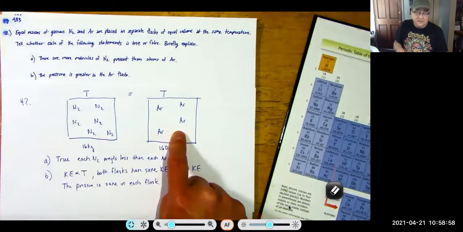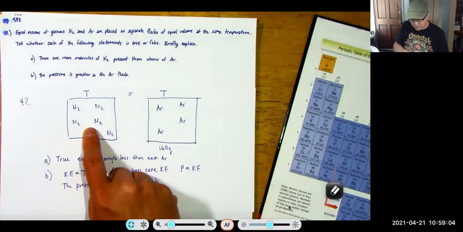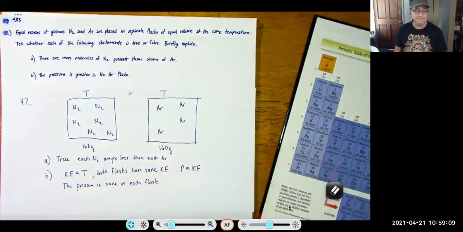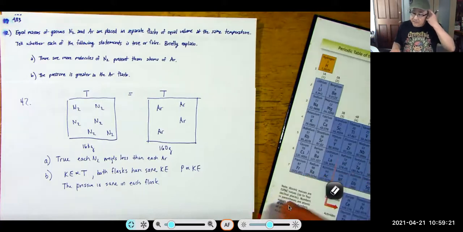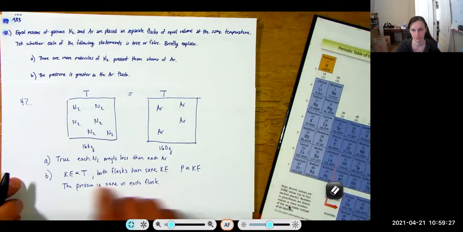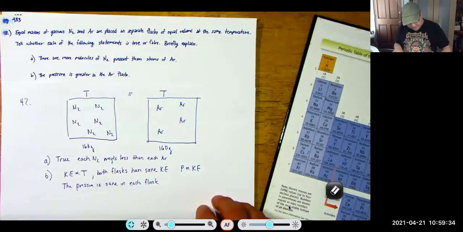So if you have a bunch of small people running into you versus some big people running into you, it's going to be the same. So that's an interesting thing about gases, is that the pressure inside of a container depends on the temperature of the gas more than anything. Isn't that what this says? Kinetic energy is proportional to the temp? Yeah. Okay. So that's B.